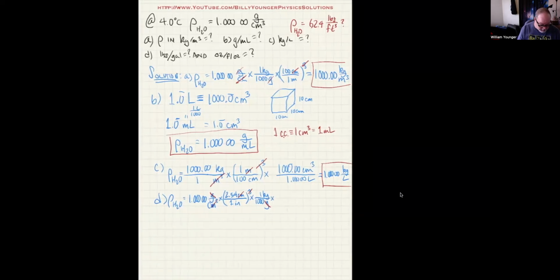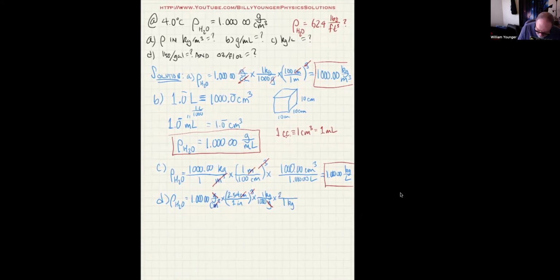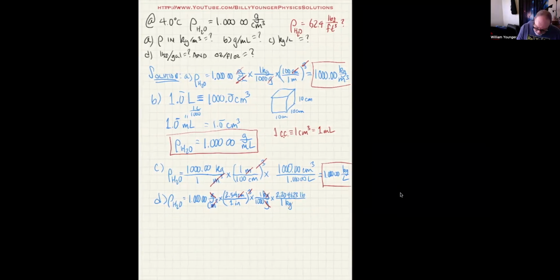You can look this up or you can derive it yourself, whatever you want to do. What it turns out is that 1 kilogram is essentially equal to 2.204623 pounds. So now I've gotten rid of kilograms and I've gotten into cubic inches.